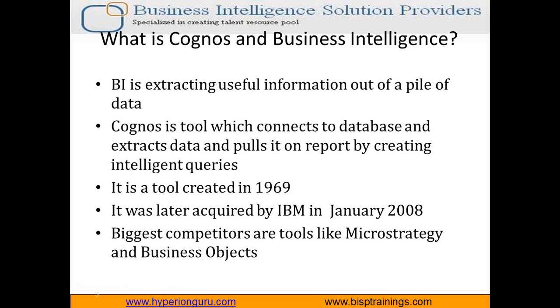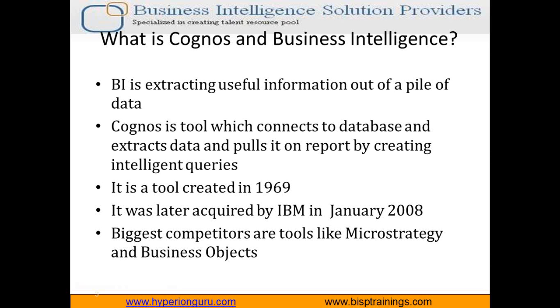It was created long back in 1969. It's a Canadian company, started in Canada, and because it was so famous and so largely used, it was acquired in January 2008 by IBM. So from then on it is called IBM Cognos.